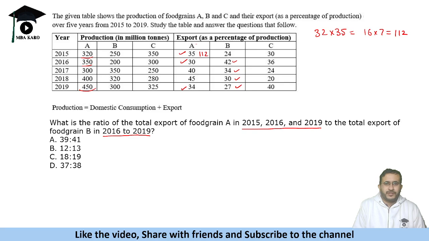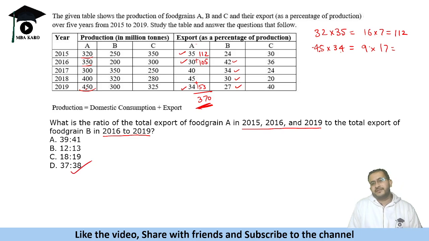So this value is 112. 30 into 35 is 105. 34 into 45: we can do it as 4.5 into 3.4, so 9 into 34 halved, 17 into 9, you get 153. So the total turns out to be 370. Now, as a smart student, you should calculate only this value and mark the answer as 37 ratio 38.